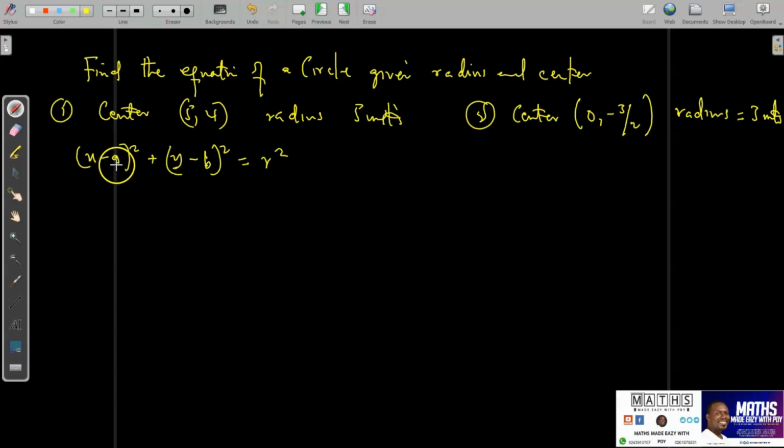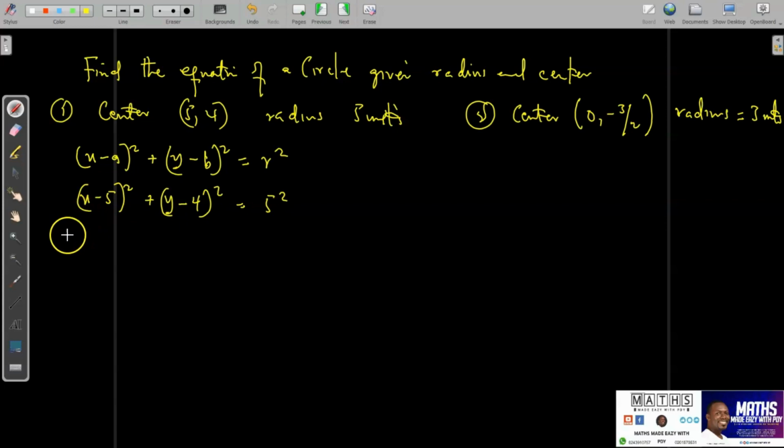I hope it makes sense. Yes, please. So in this case, our a and b values are represented as the center. So we are going to have x minus 5 all squared plus y minus 4 all squared equal to 5 squared, which is a radius squared unit. Then you expand and simplify.